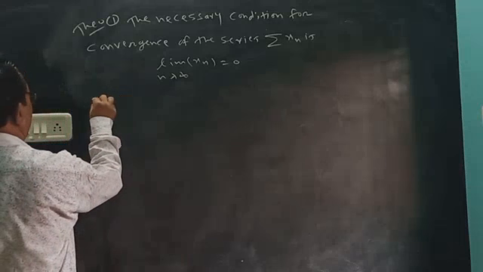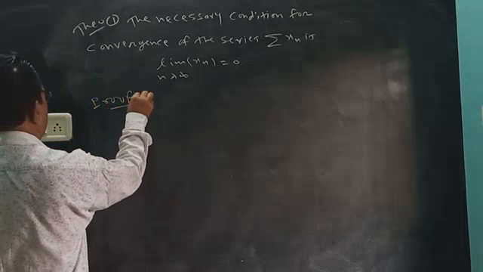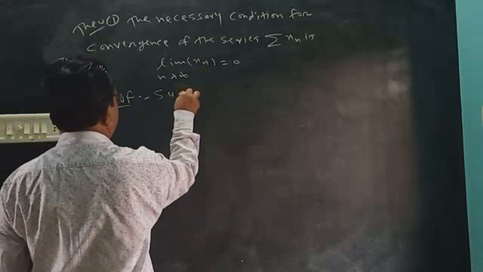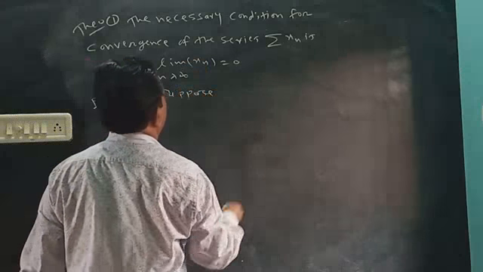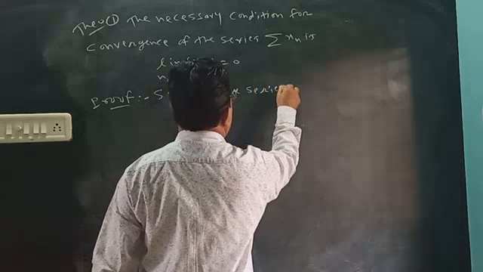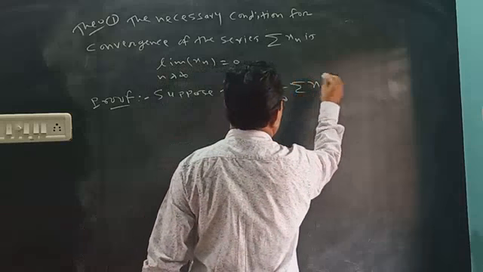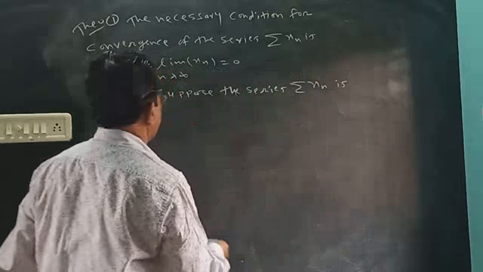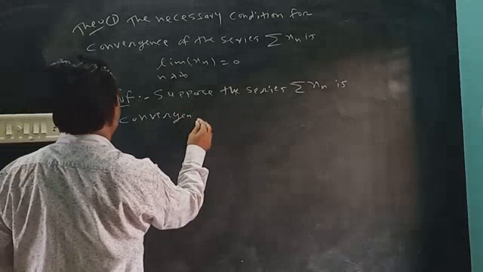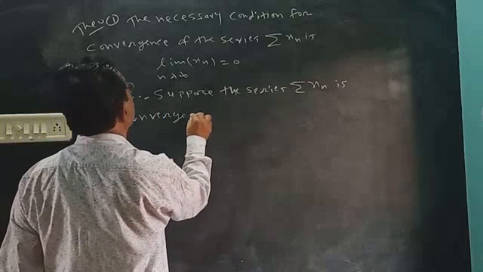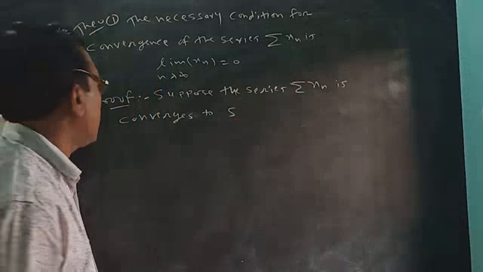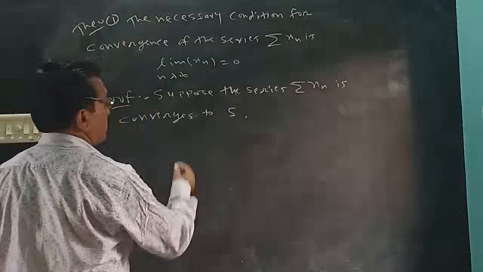So, proof. Okay, suppose the series summation xn is convergent, and it converges to s. Converges means the limit exists.